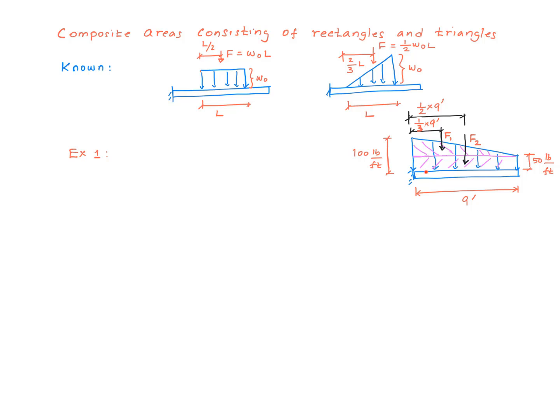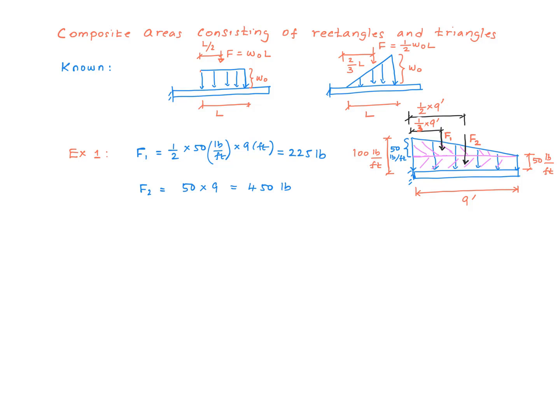And then we have this rectangular distributed load, or uniformly distributed load, which has its own resultant force F2, and it acts halfway along the length, right? So this distance is going to be 9/2. So here are the calculations for the resultant forces.